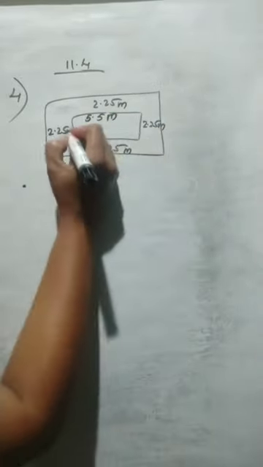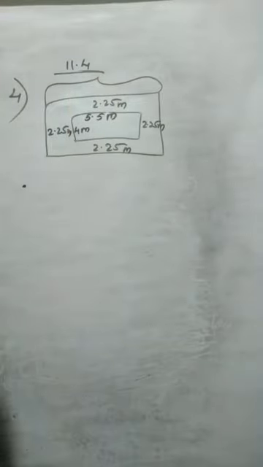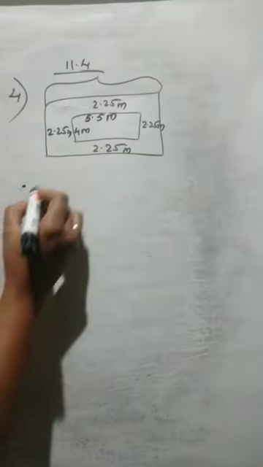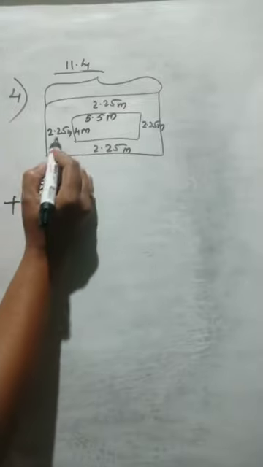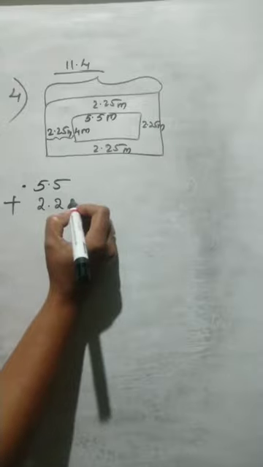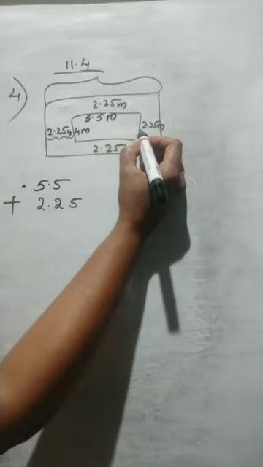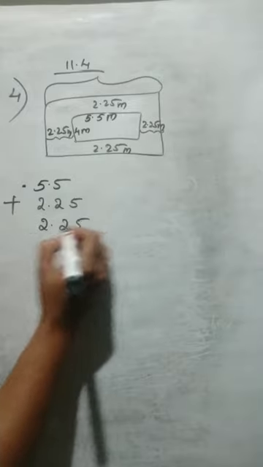We can't change the unit, okay? Now we have to find the length of the outer side. So 5.5 plus 2.25 to this side, and this side also 2.25. That also we have to add.